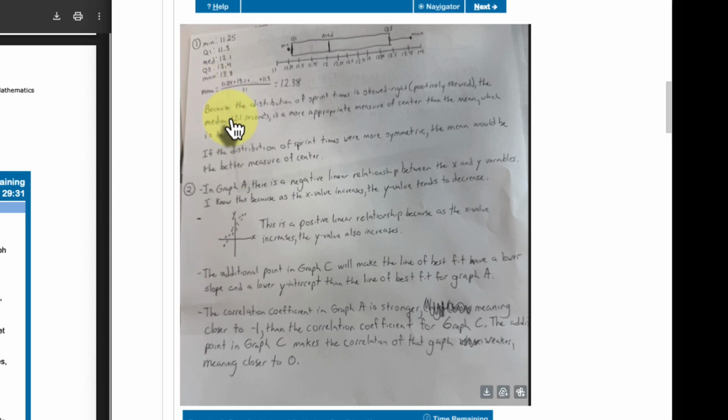So, description of the graph, the numerical analysis: because the distribution of the sprint times is skewed to the right, there's nothing to the right. Most of the data is to the left. It's positively skewed. The median, 12.1 seconds, is a more appropriate measure of center than the mean, which is 12.38. If the distribution of sprint times were more symmetric, the mean would be a better measure of center.